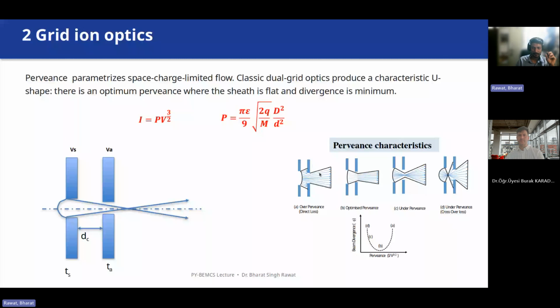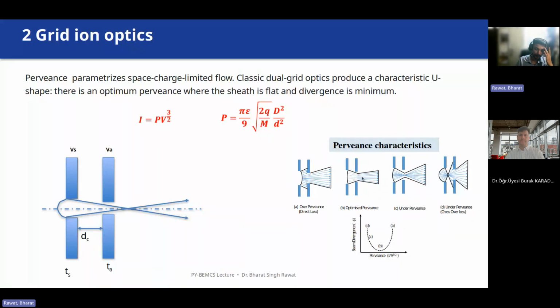But as you change your plasma density or your acceleration voltage, or the total voltage between the grids, there would be a limit in which all the ion trajectories would form perfectly through this hole, and there will be no interception with the acceleration grid.